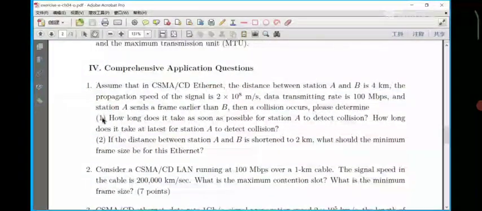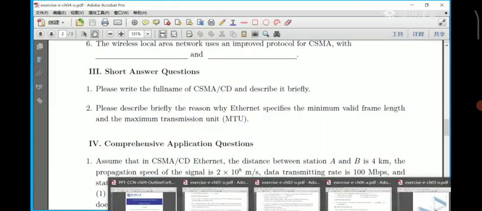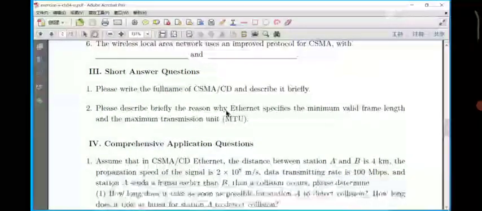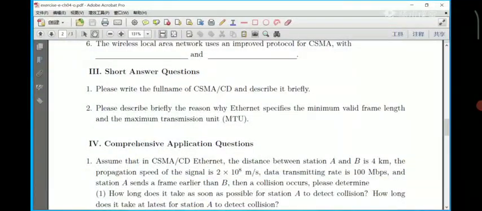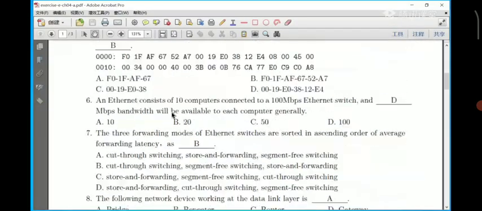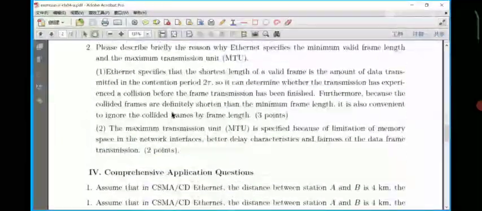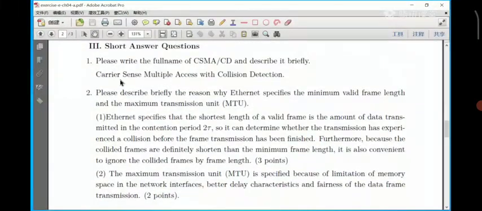The short answer questions. Write the full name of CSMA/CD and describe it briefly. Carrier Sense Multiple Access with Collision Detection, it's the full name of CSMA/CD.